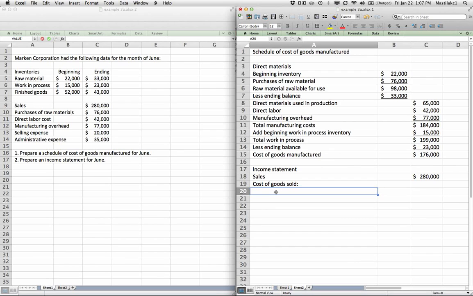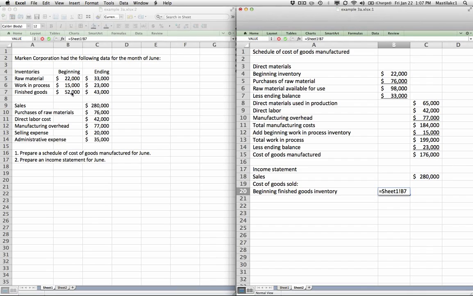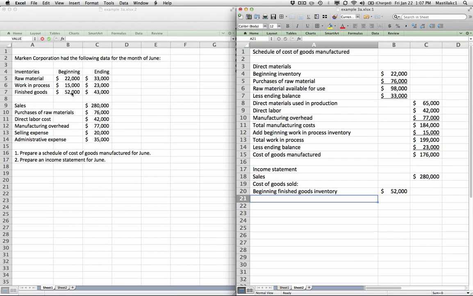We do this with our finished goods. The finished goods are the one that we sell. So we're going to start with our beginning finished goods inventory. We started the period with $52,000 worth of stuff that was done and available to be sold. We're going to add the cost of goods manufactured.